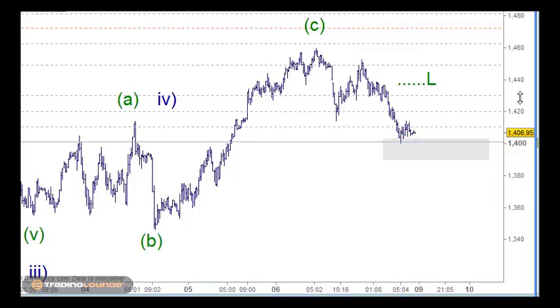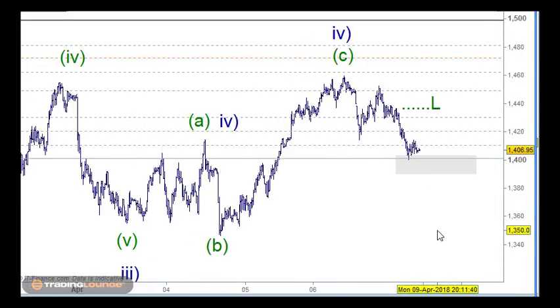But if I've made a mistake here, okay, say this is the low here of the 5th wave, and this is wave 1 here, then an A, B, C for 2, then we need to be long above these highs here. Above this little high here, that would pretty much be support on top of 1430 here, because that's group 1 of 1400 here, so 10, 20 and 30.